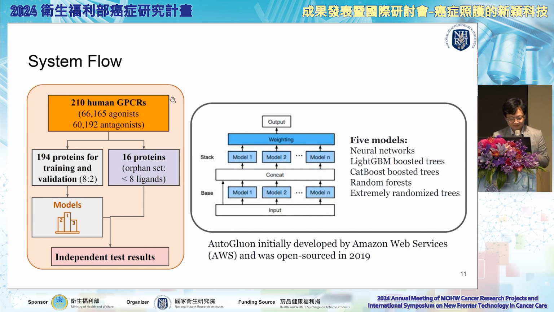So this data set was used for the training and validation, and this is for the testing, to simulate the situation when this model is applied to an orphan receptor. And the algorithm behind this is an ensemble model based on 5 models, including the neural network and state-of-the-art algorithms.